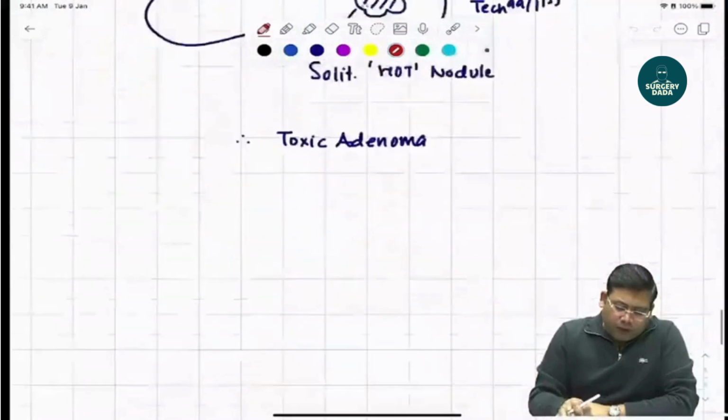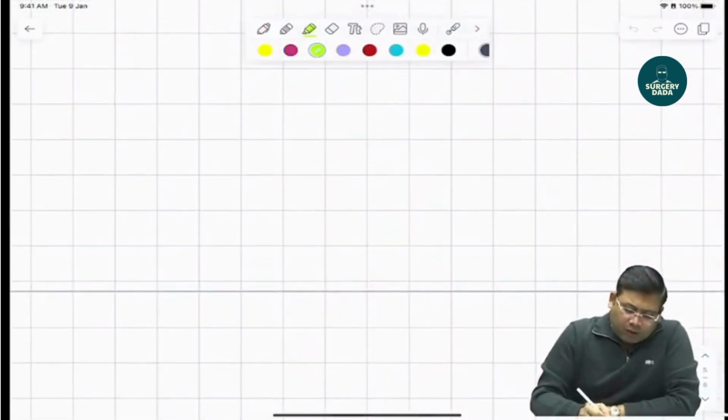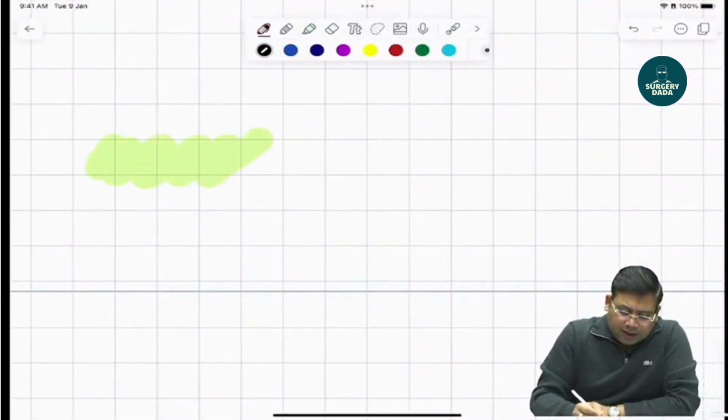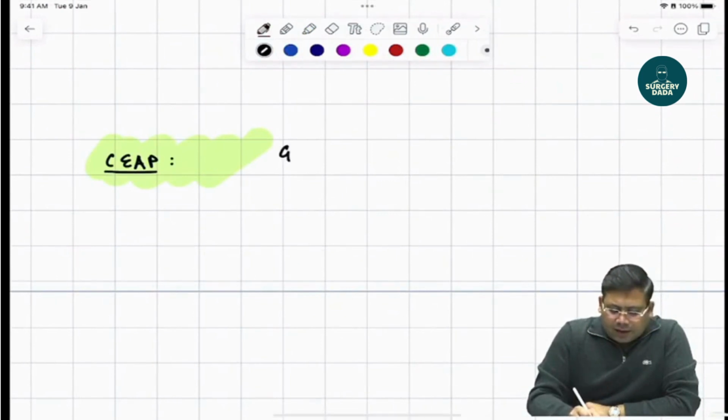So when we talk about CEAP, what are the important things that we need to understand? CEAP is a grading system for chronic venous insufficiency.